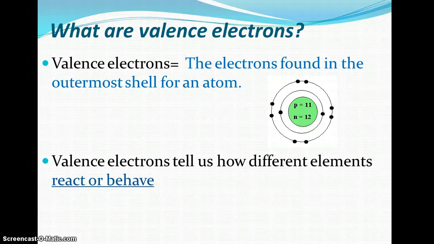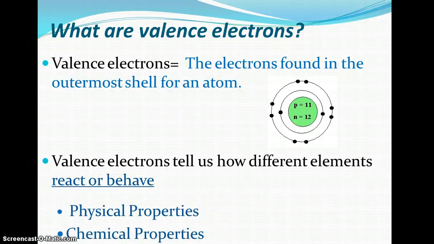Valence electrons tell us how different elements react or behave. So they are extremely important for reactivity and a lot of the different properties that we've talked about before. So physical and chemical properties come from the number of valence electrons that different elements have.